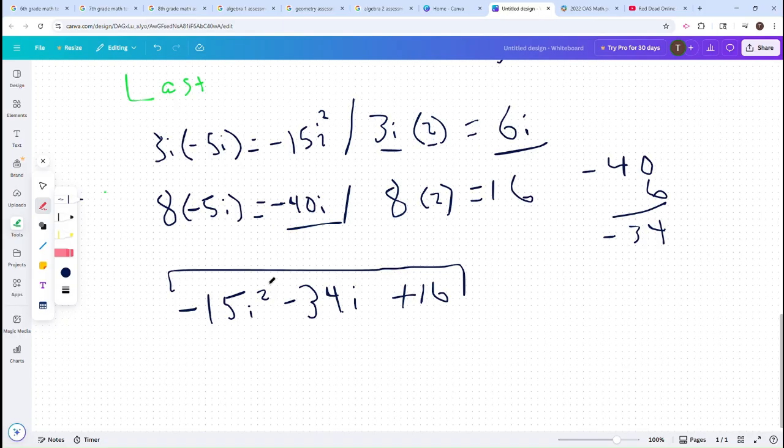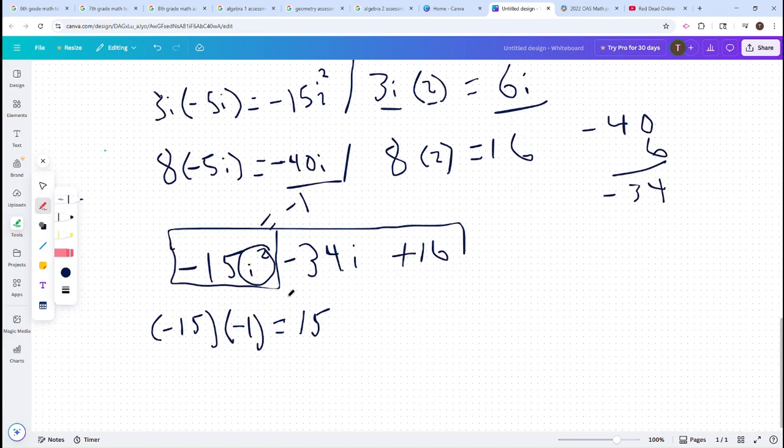Now, one more thing. This number can be changed because i squared is negative 1. Remember, i is the square root of negative 1. i squared is negative 1. So if we multiply negative 15 times negative 1, we get 15. Now, this negative 34i has not changed.